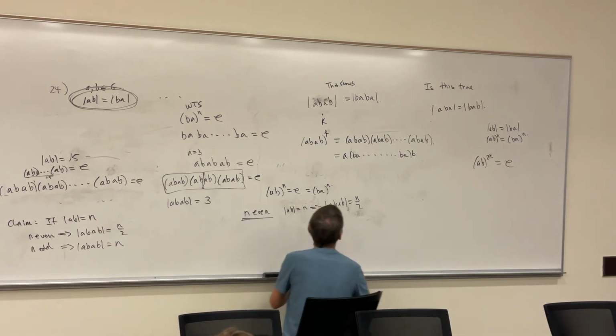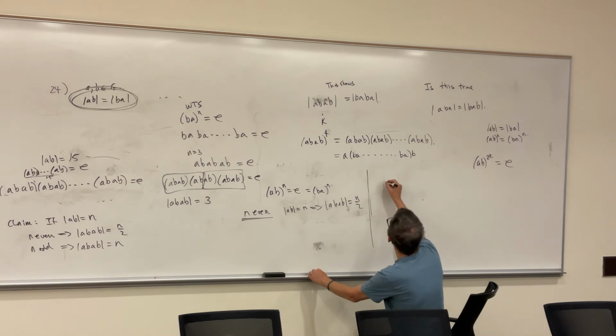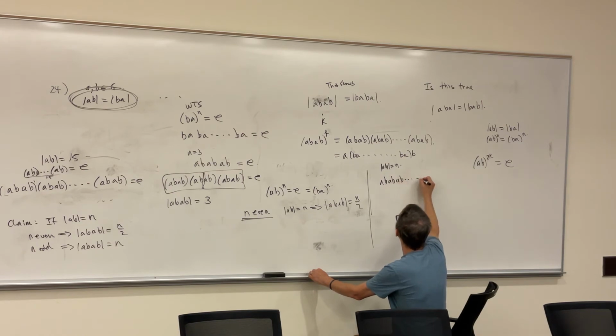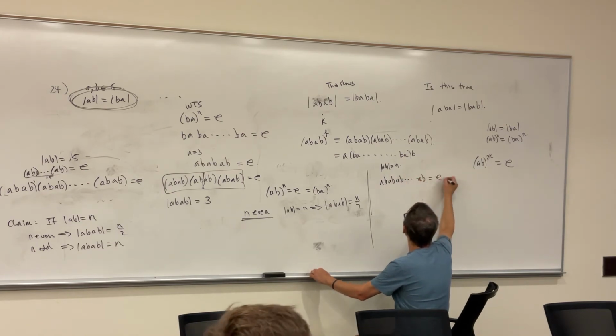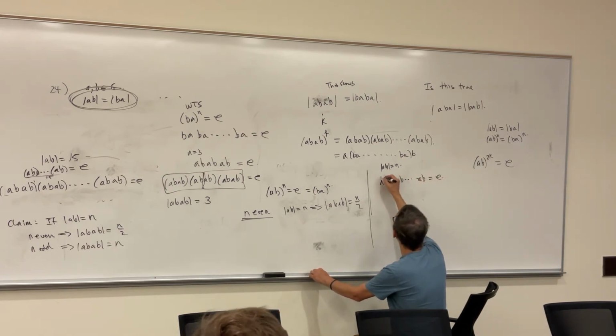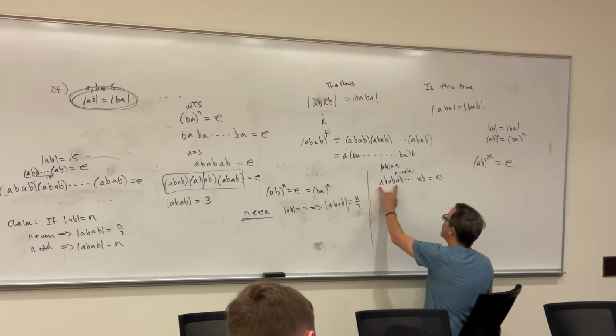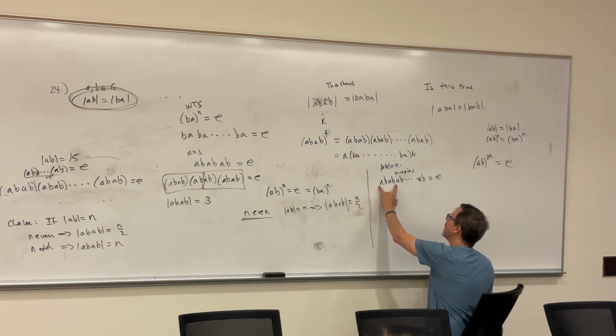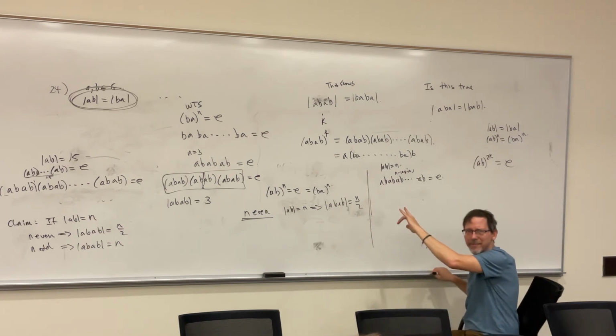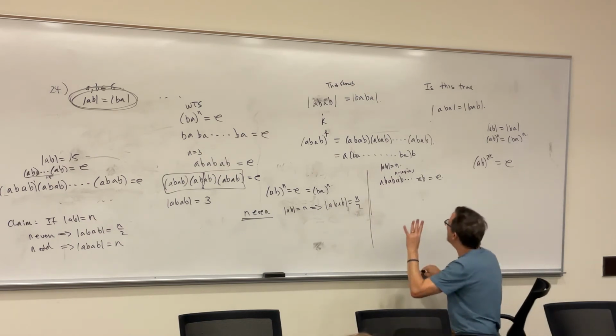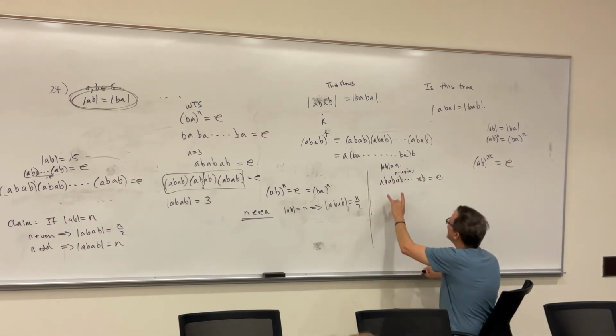Okay, I'm gonna start again. Start first principles again. So if the order of AB is n, then that means this. And there are n copies right there. Oh, okay, I think maybe. So, there are n copies of this.